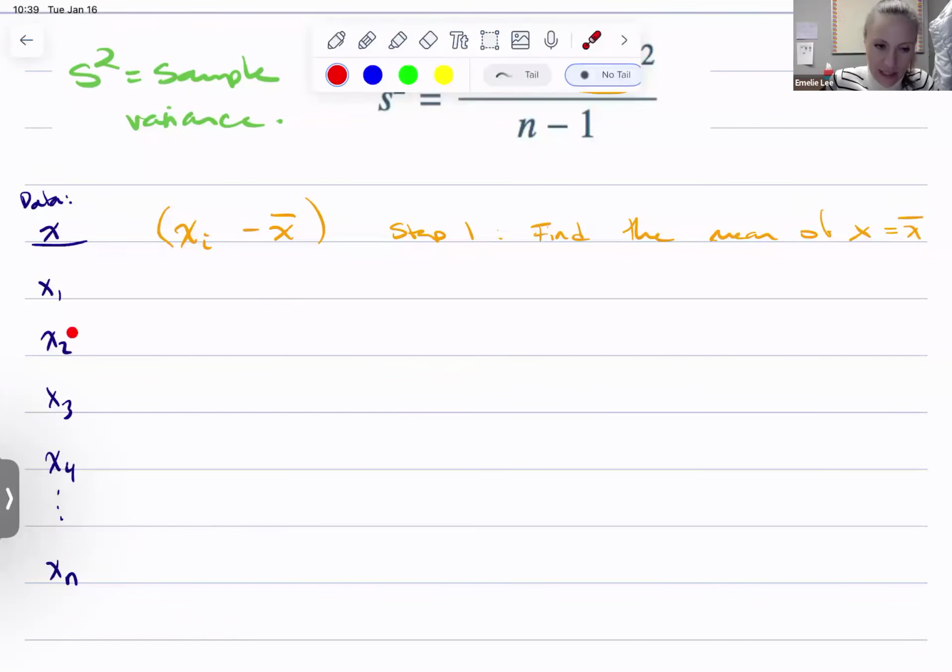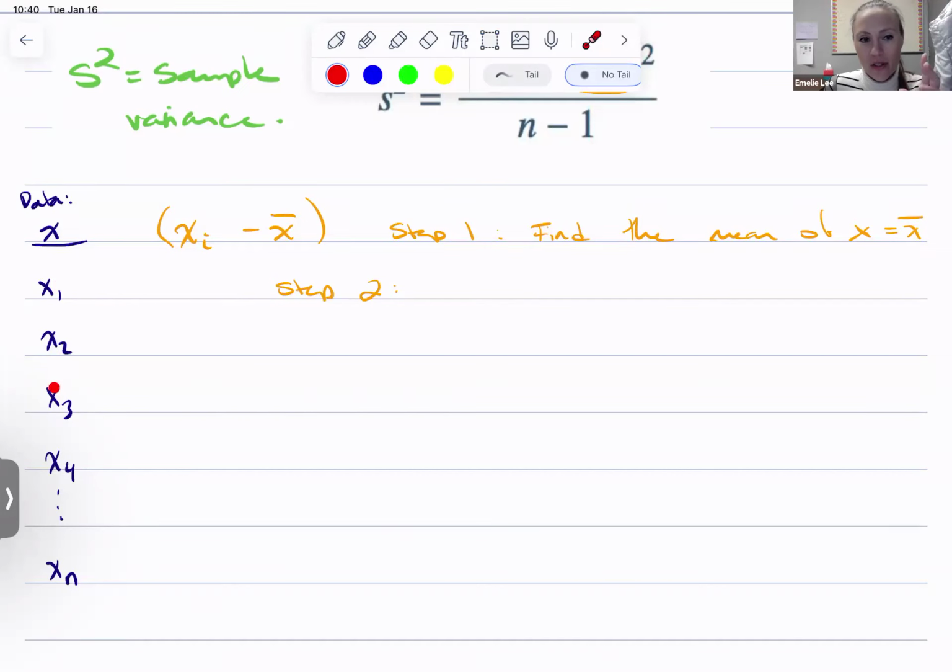First thing you're going to do is find the mean of x, which is x bar, right? You're going to add these up and divide by n. Okay, then your second step, step 2, is subtract the mean from each of these x's.